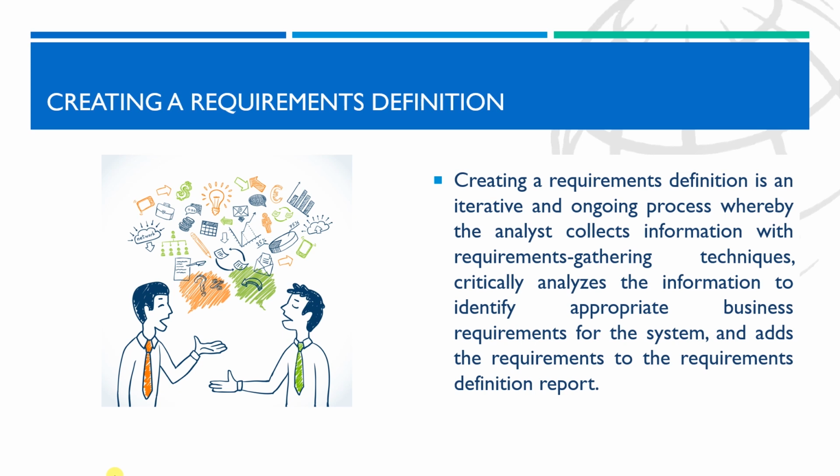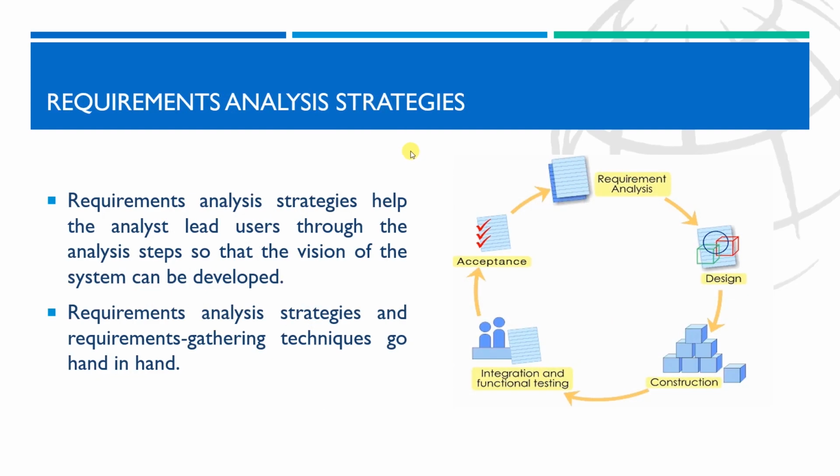Then the requirements analysis strategies that we need to know are some that give us better performance in requirements gathering. Before the project team can determine what requirements are appropriate for a given system, there needs to be a clear vision of the kind of system that will be created and the level of change that it will bring to the organization.